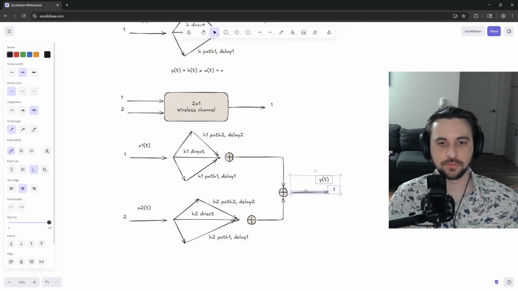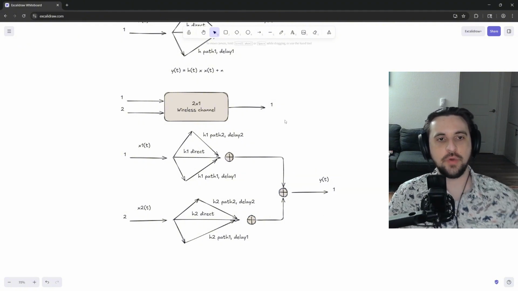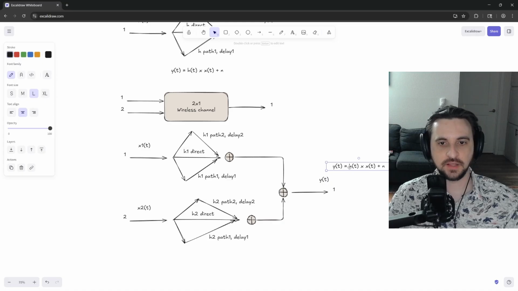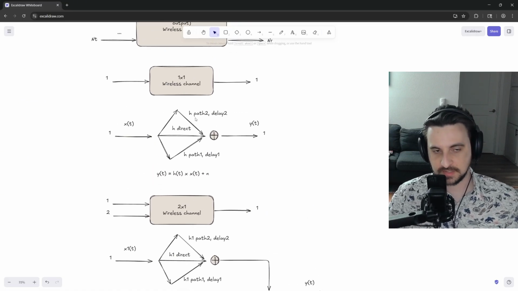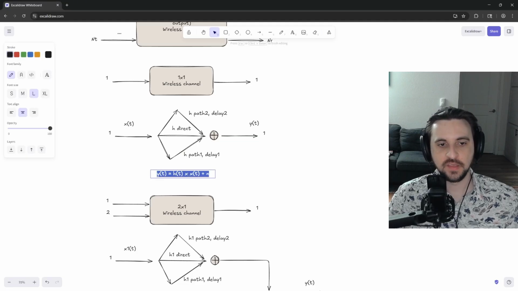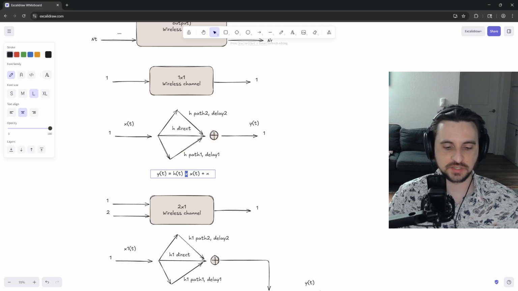Okay, there we go. So now the equation looks something like, now even here, even in the 1 times 1 case, the user does not know the difference between the direct and 3 paths. Actually, a more correct term here is, sorry, it's convolution, right?